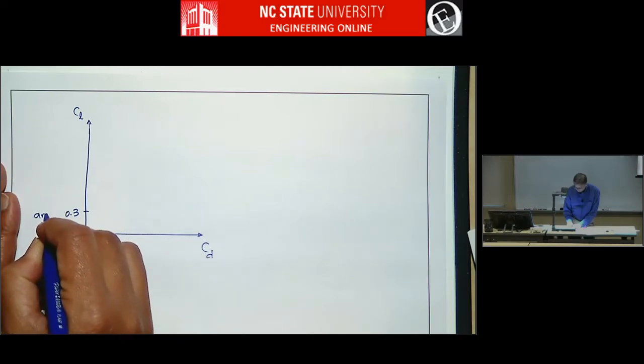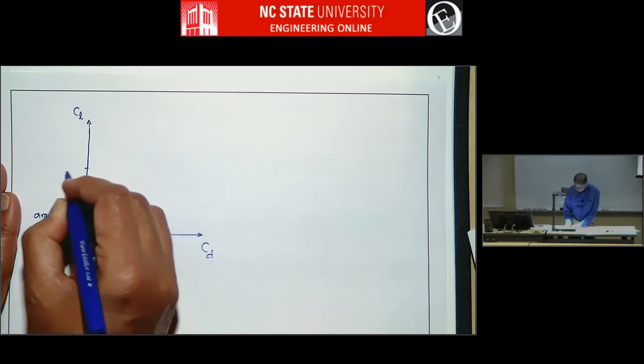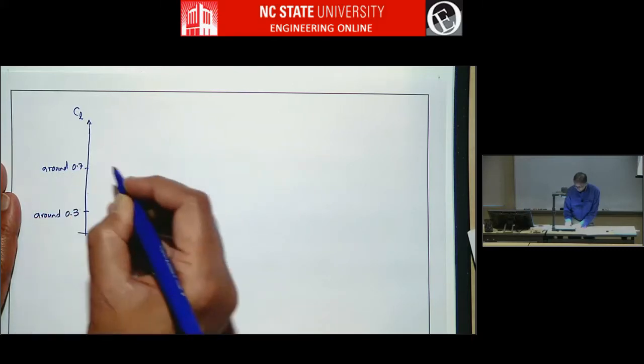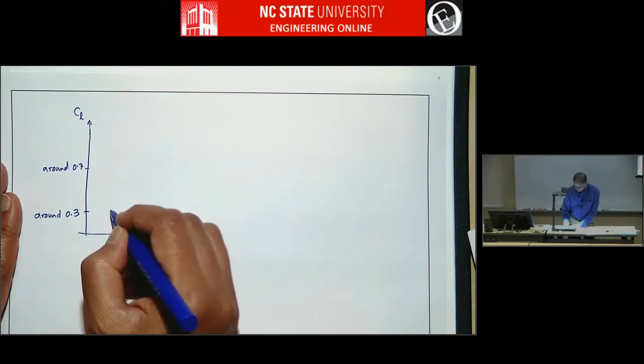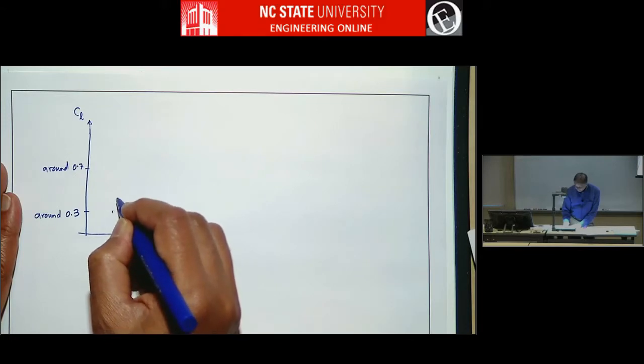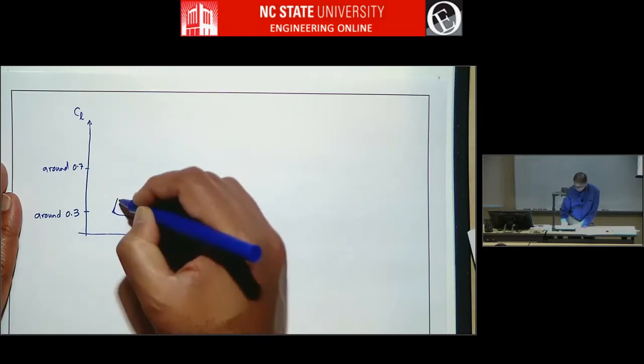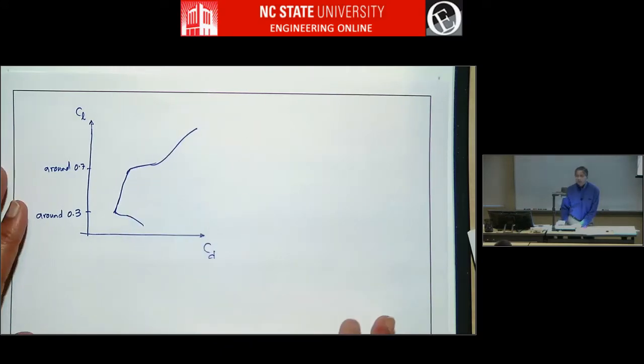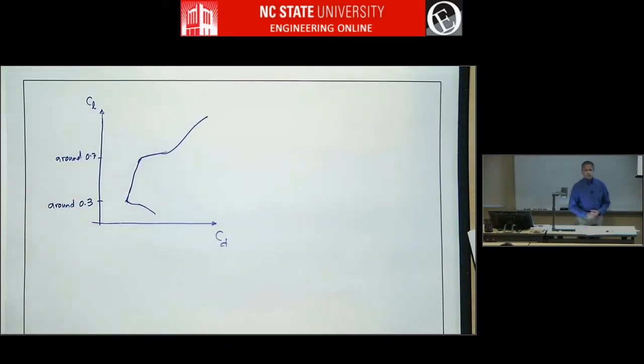So around 0.3 and around 0.7, let's say, are the two points that we're going to look at. Approximately, if this is a natural laminar flow airfoil, you will have a bucket of drag behavior, something like this.